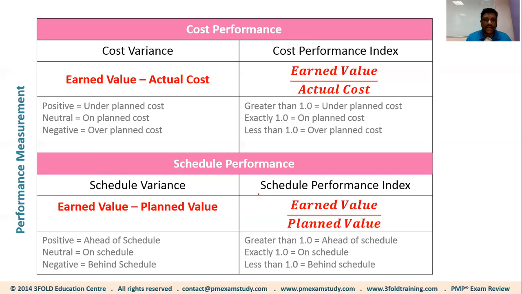Cost variance is basically trying to figure out, did we spend more or less for the work we completed so far? Going back to our compound wall example, think about it. The amount of money we spent is 32,000, isn't it?